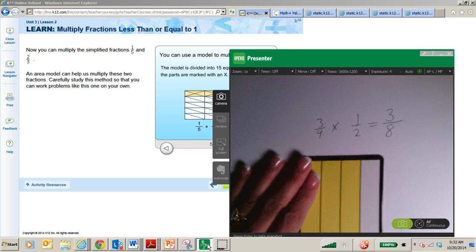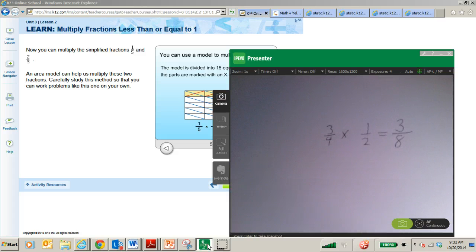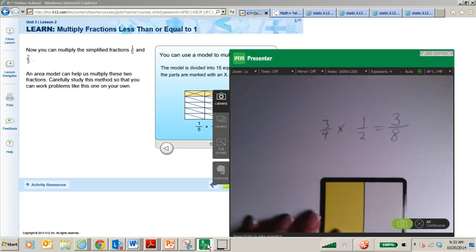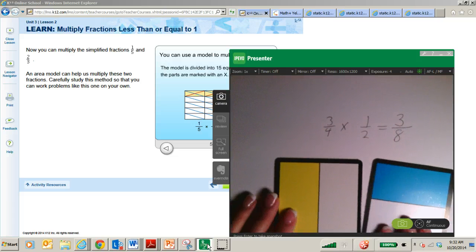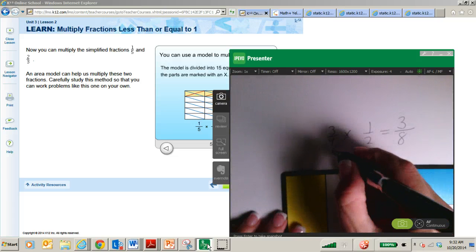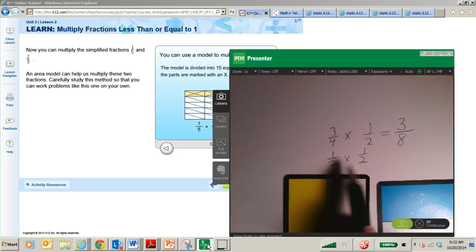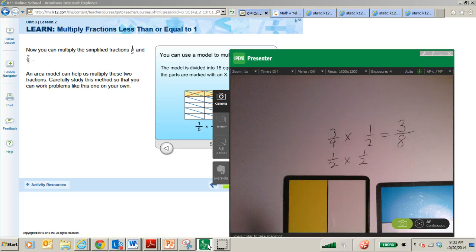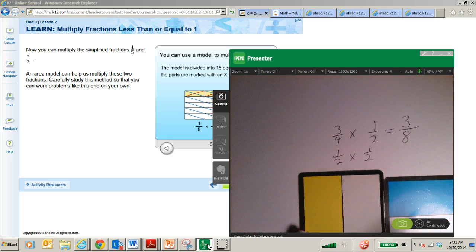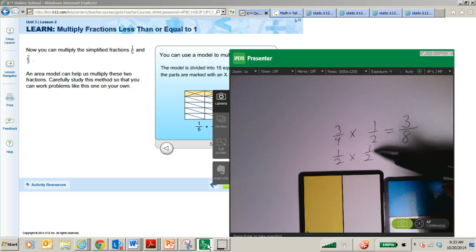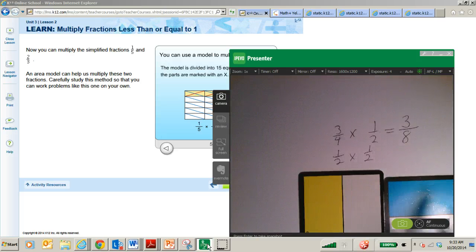Let's try another one. This time, let's take half of a half. So we'll multiply 1/2 times 1/2. Now when we multiply a fraction by a fraction, our number or area is going to get smaller. And this is only true if we're multiplying by a fraction that's less than 1. Both of these are fractions less than 1.